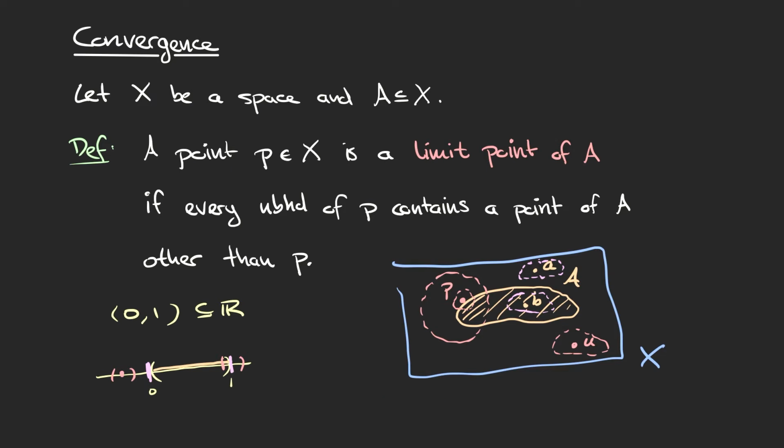So as soon as we're slightly smaller than 1, we're already intersecting the interval, and there will also in particular be a point other than 1 in that intersection, and that shows that for every neighborhood of 1, we have a non-trivial intersection with this open interval. Therefore, in this case, the limit points are actually the closed interval [0, 1].